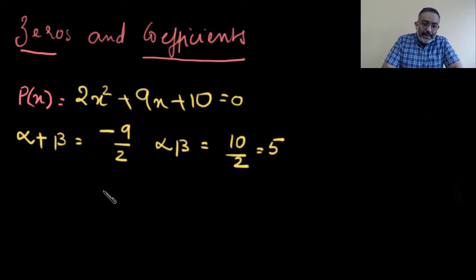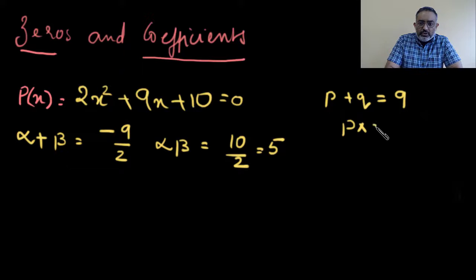Now, our next step is to solve this equation. To solve it, we need to imagine a p and a q. Let's say p plus q is equal to 9, and p times q is equal to 10 times 2, or 20.